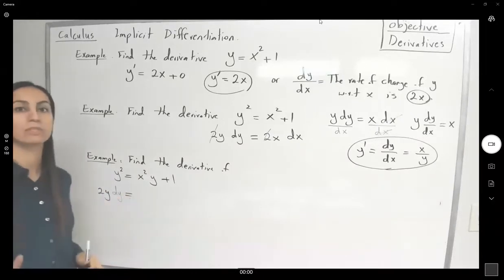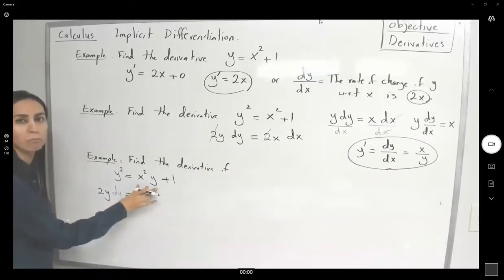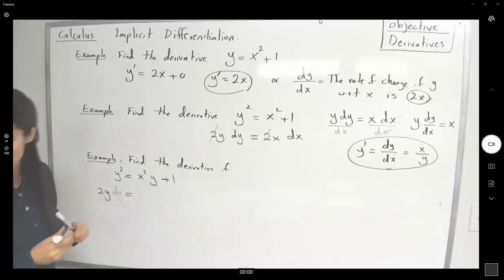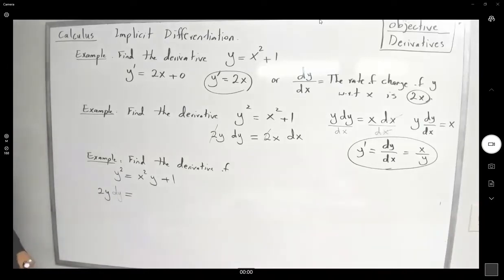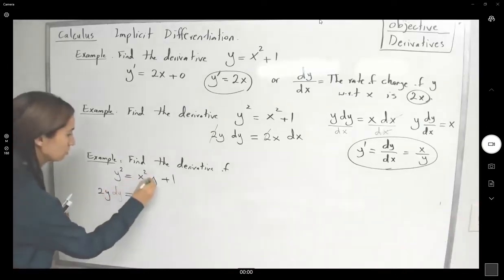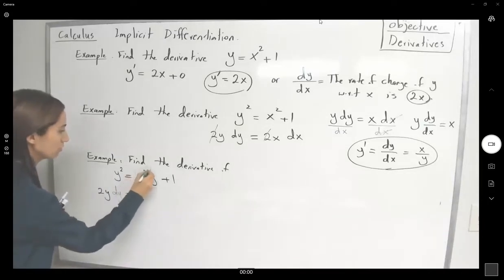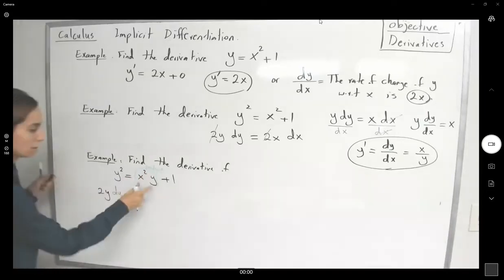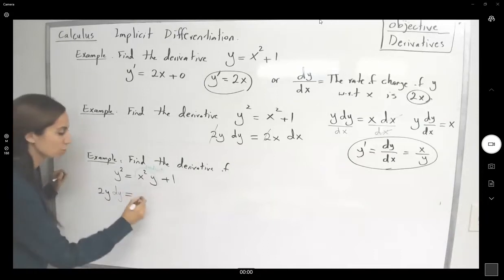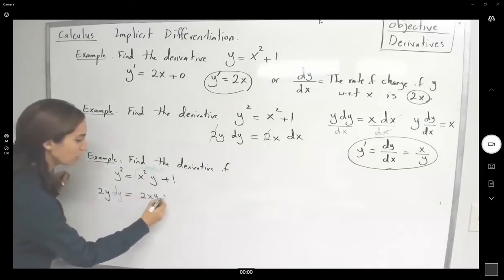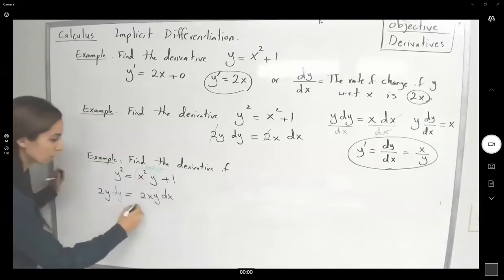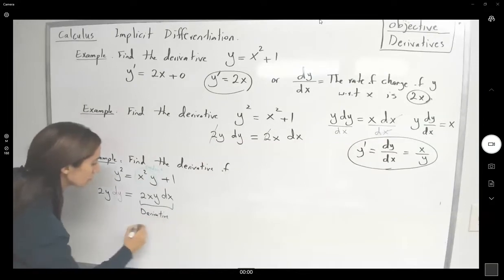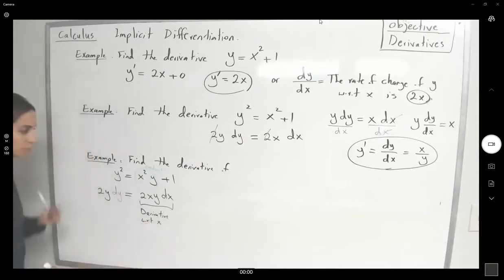Well, now you have to stop. Here you have multiplication. It means that you have to apply the product rule. So first take the derivative with respect to x, which is 2xy dx. This part is the derivative with respect to x.